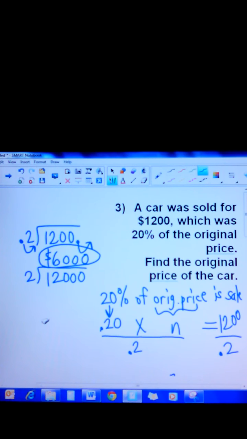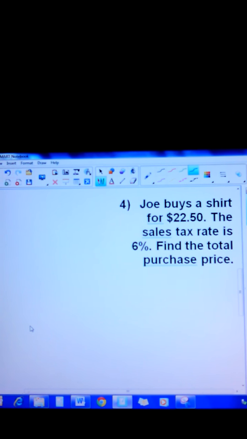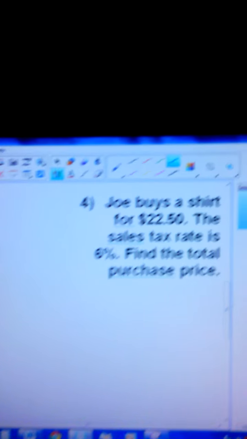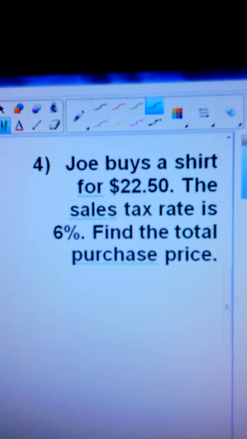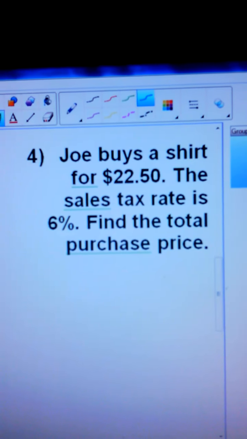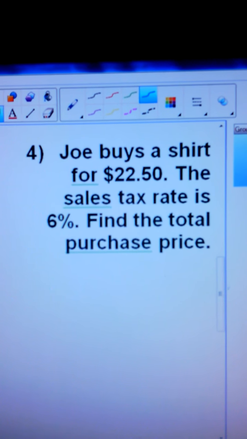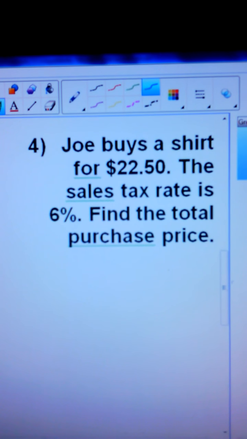Let's look at the next question. Number 4, Joe buys a shirt for $22.50. The sales tax rate is 6%. Find the total purchase price.